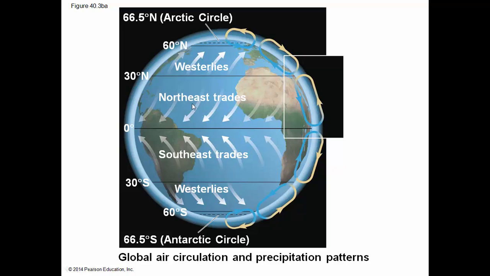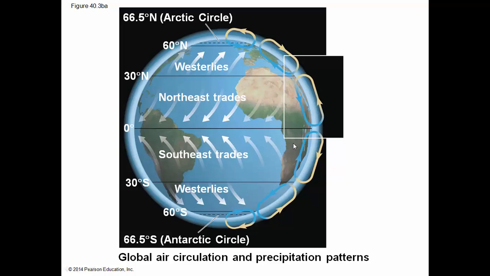Sometimes we have hurricanes and other storms that stir this whole atmosphere up, and so things change around here. Here's the main cells that are operating, these Hadley cells, and then they're drawing that moisture up and then depositing it here along the areas of the tropical rainforests.